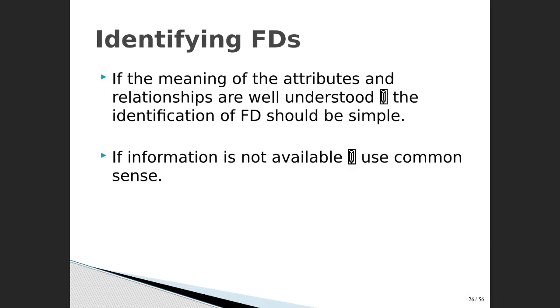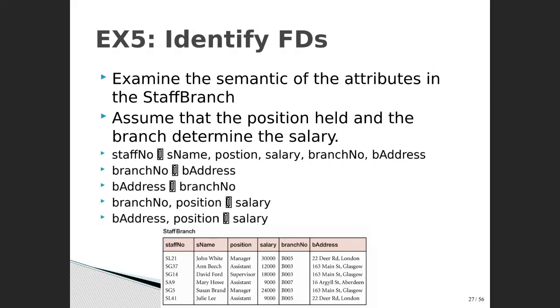Okay, let's see how we can identify the functional dependencies in this relation. For example, in this relation, we can find how many attributes we have here. In the staff branch relation, we have 6 attributes. All right, 6 attributes. How can we identify the functional dependency?